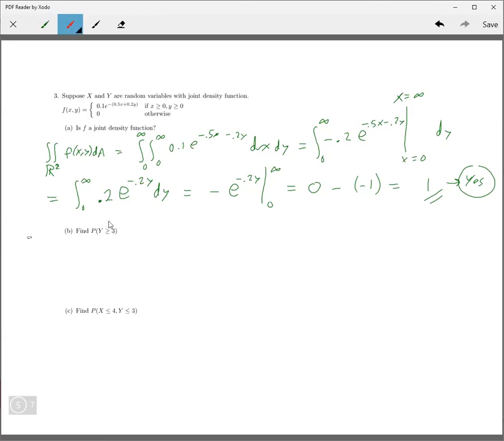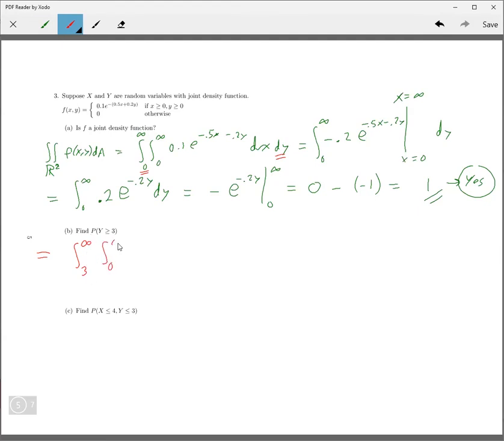Okay, so the second part: find the probability that y is greater than or equal to 3. What you do there is, on the y part of the integral, you have that go from 3 to infinity instead of 0 to infinity. And that's the probability that y is greater than or equal to 3.